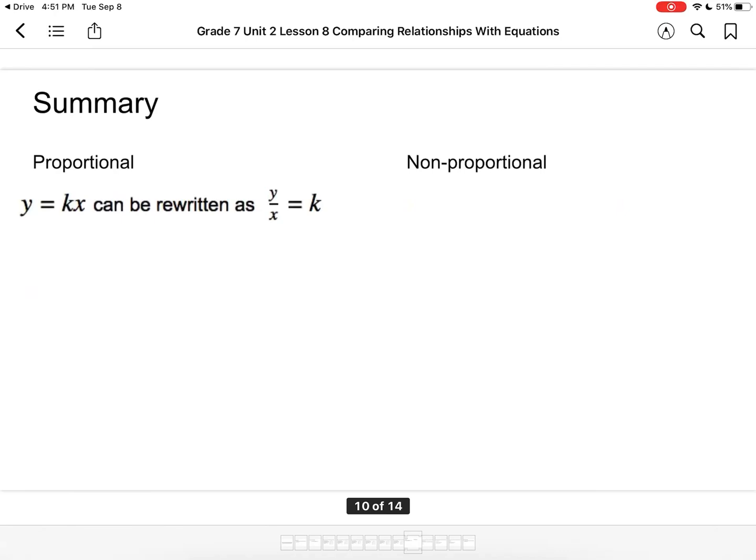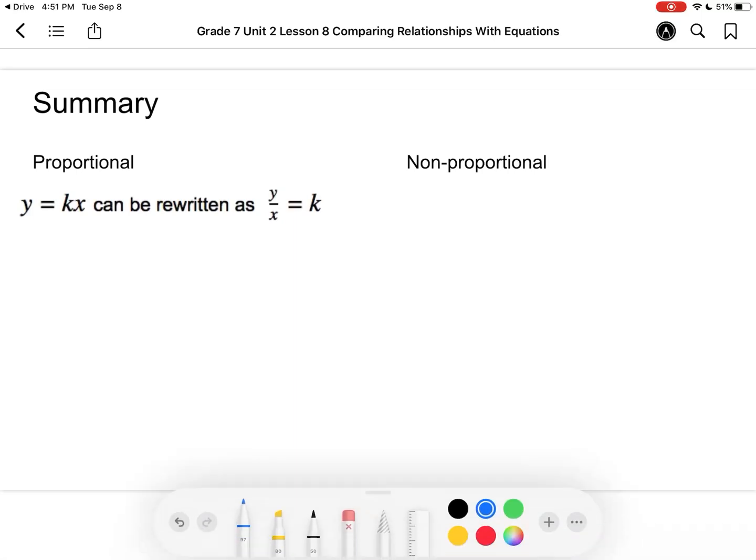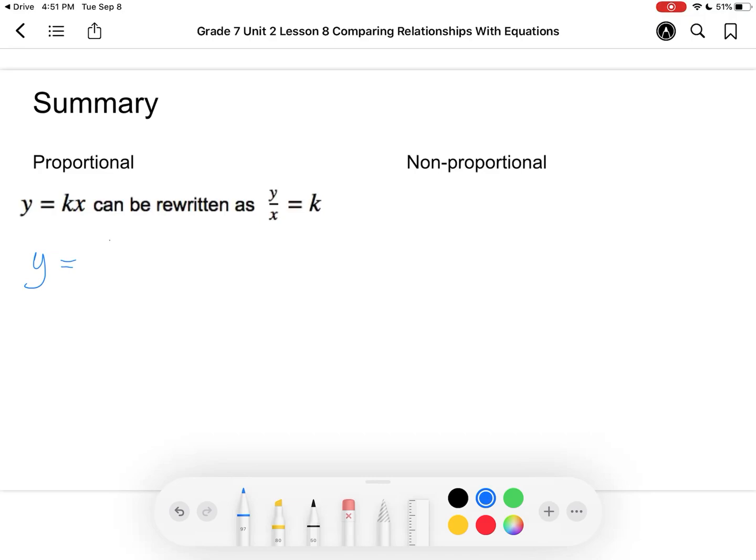So, to summarize, y equals kx is what we're looking for when we want to decide if an equation represents a proportional relationship. So the two we had that were proportional were y equals 4x and y equals x over 4, which is the same as saying y equals 1 over 4x.